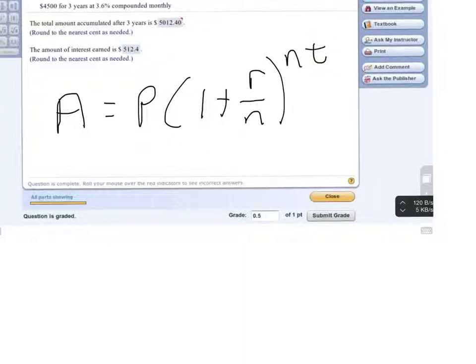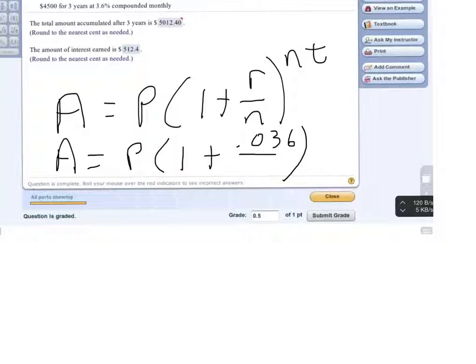And so if I write that down here, A will be equal to P times the quantity 1 plus the rate, which is 3.6%, which I've got to convert to a decimal, and it's monthly, and so it'd be 12 times 3 years here. So again, let me go over the numbers with you.